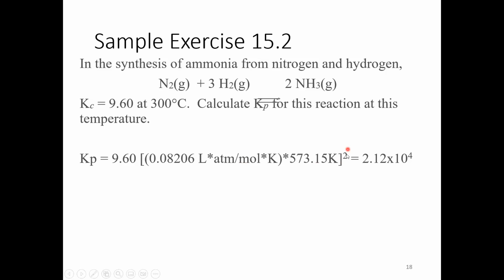Oops, and that's actually the incorrect number there. So let me double check because I think this is actually wrong. But this should be -2 here because we've got 2 moles on the right, but 4 moles on the left. So I'm guessing this should really be 2.12 maybe, but let me just double check that quick. I got the calculator right here. So 0.08206 times 573.15.